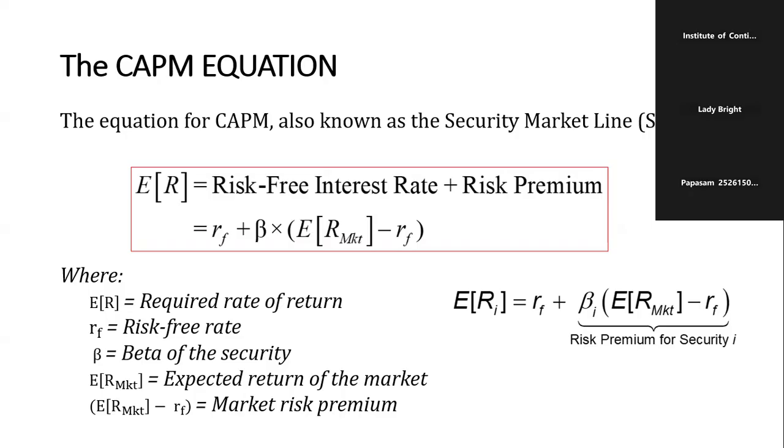Okay, there's a question. Is beta unsystemic? Generally, beta is systemic. I want to explain it well.